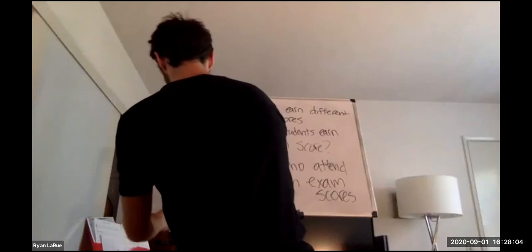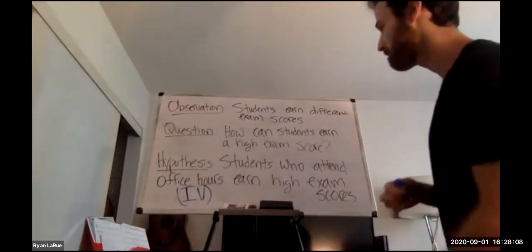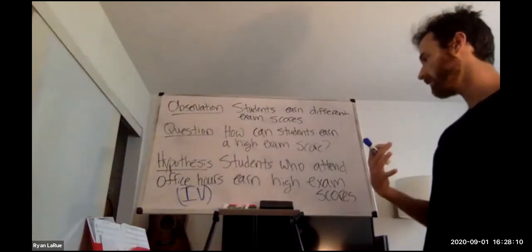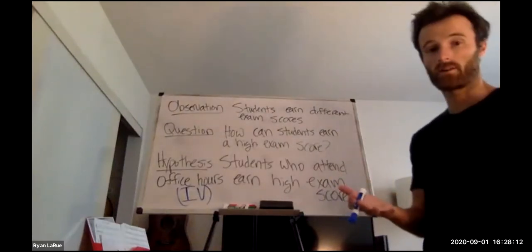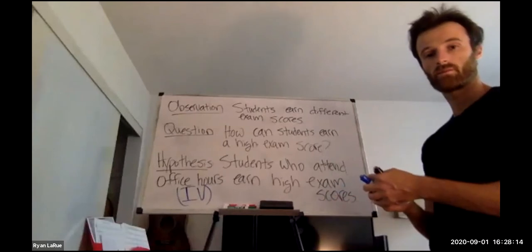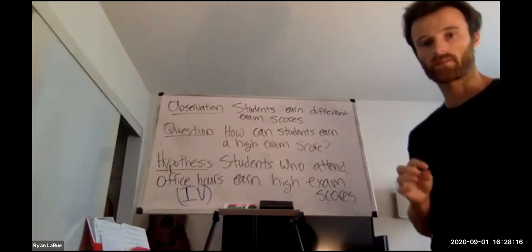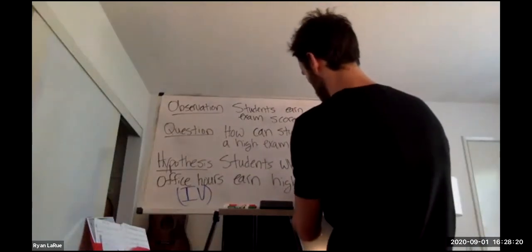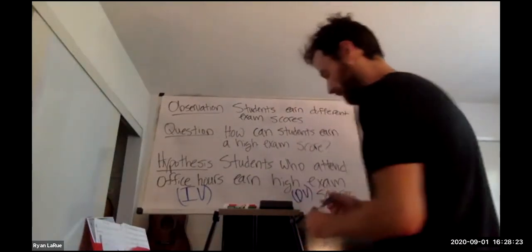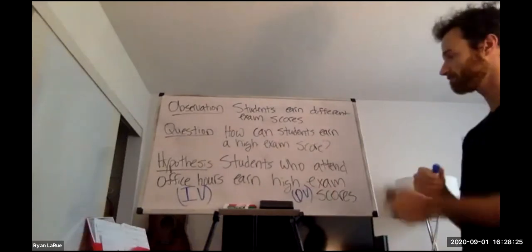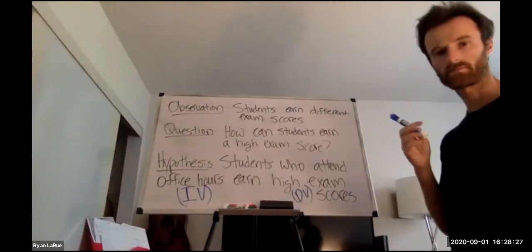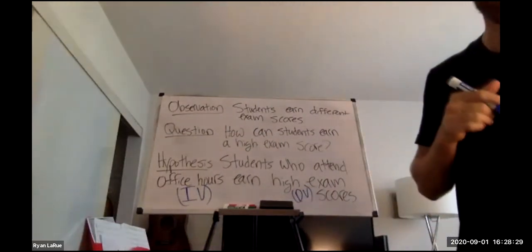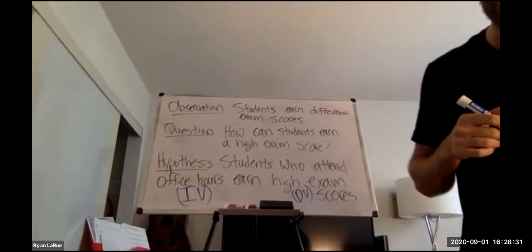So that's our independent variable. So what variable is going to depend on whether they go to office hours? What directly depends on it? Yeah, their exam scores. So that's our dependent variable. The high exam scores. Awesome.